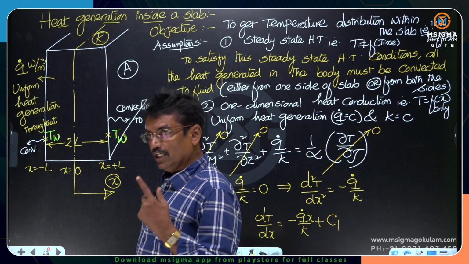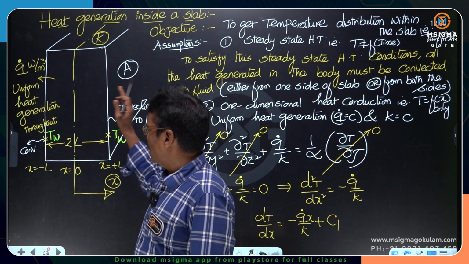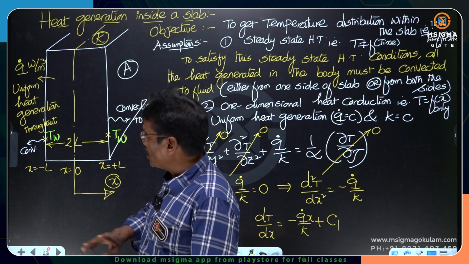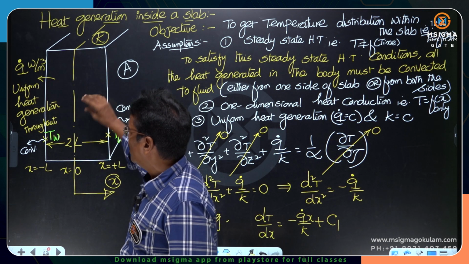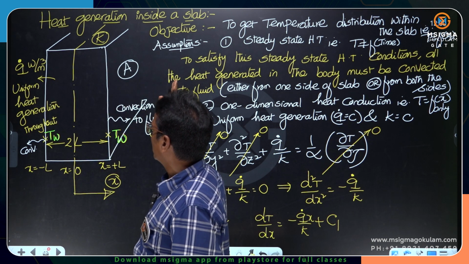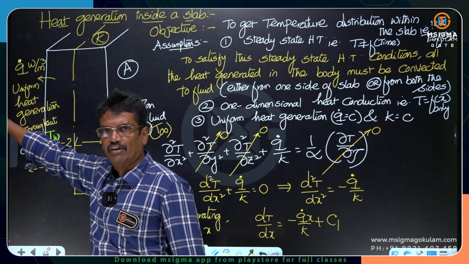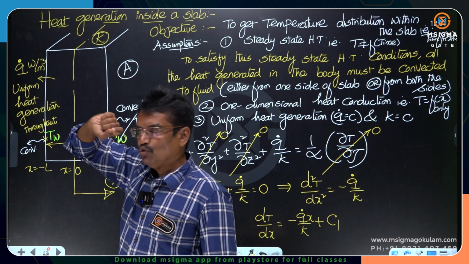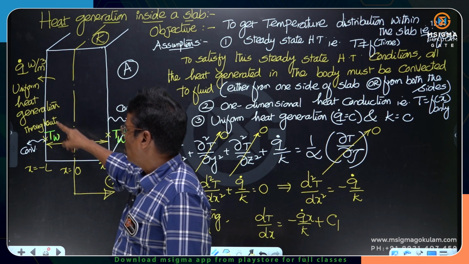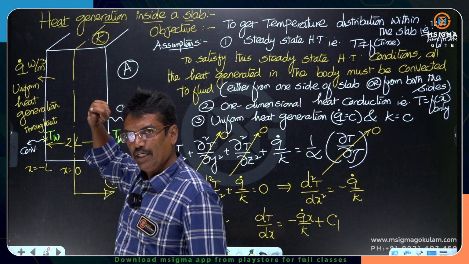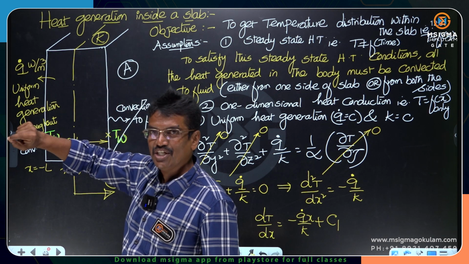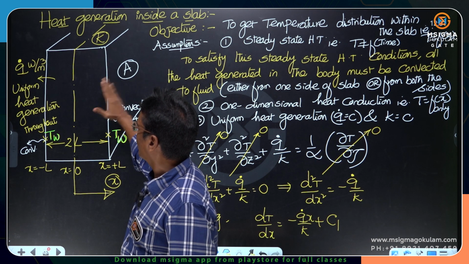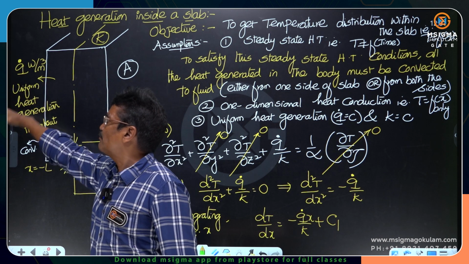But one thing is certain: whether you have water and air, or air on both sides, whatever it is, the total heat generated in the entire body must be equal to the total heat convected from the right side plus the total heat convected from the left side. Remember, if you are generating heat throughout the slab uniformly and you want to maintain steady state, the total heat generated should be equal to the heat convected from the right side plus the heat convected from the left side.